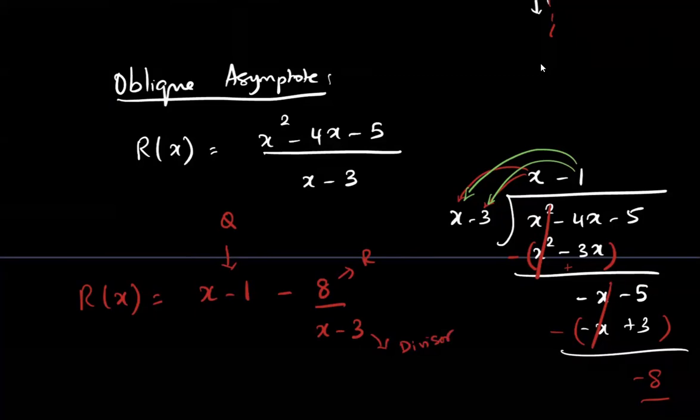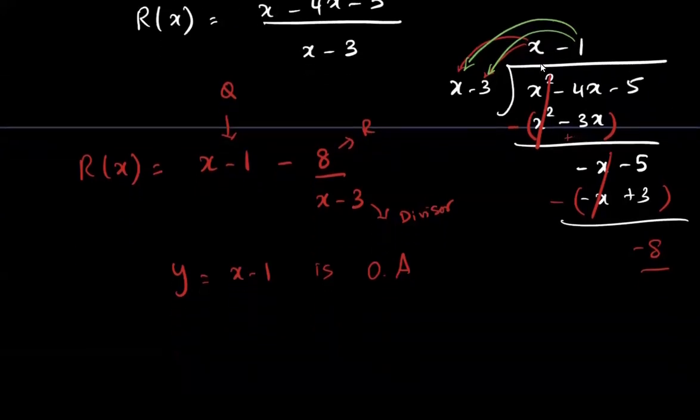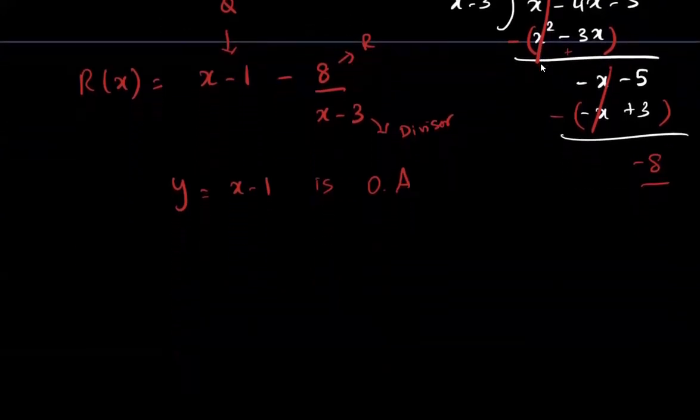So this y equals x minus 1, the quotient, is the oblique asymptote. Okay, so the quotient that you get becomes the oblique asymptote. All that it says is that the end behavior of the function is going to take the form of y equals x minus 1.